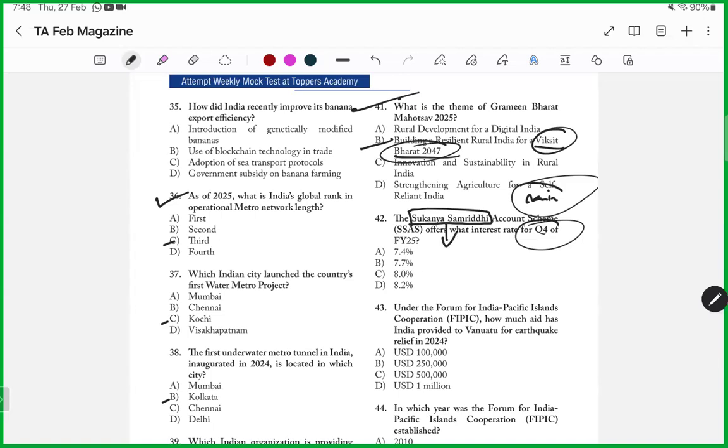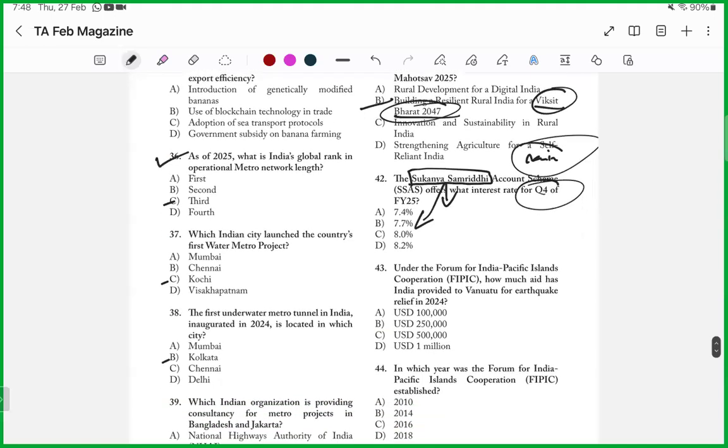Every scheme is very important for your exam. Our magazines also focus a lot on schemes like the Sukanya Samriddhi scheme and other government schemes. So what is the percentage rate of interest? Okay, if you do not remember, it is 8.2%.